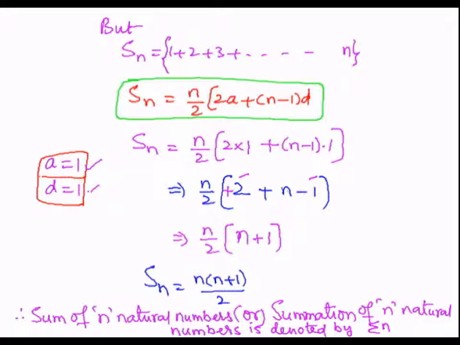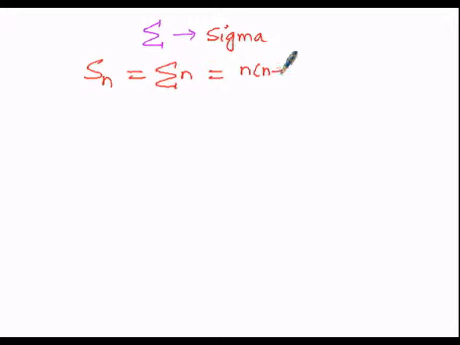Here the symbol indicates sigma. Hence the sum of n natural numbers can also be written as sigma n, whose value is n into n plus 1 overall divided by 2. So sigma n equals n into n plus 1 overall divided by 2.